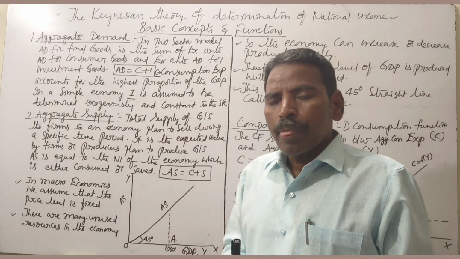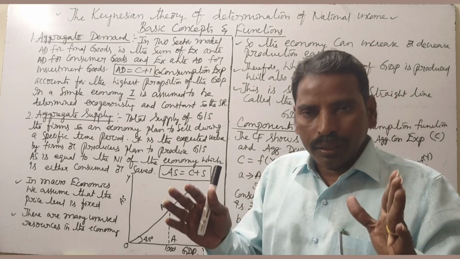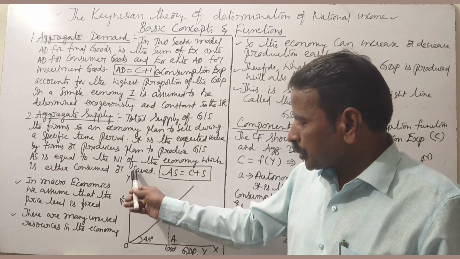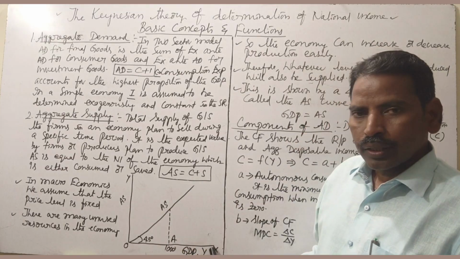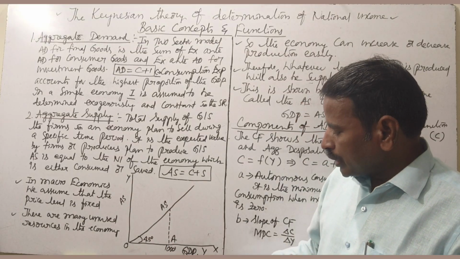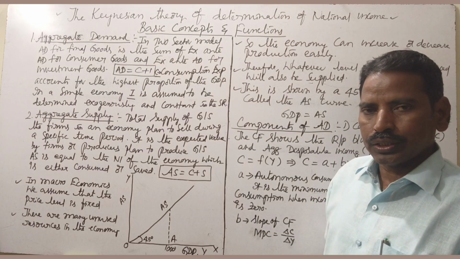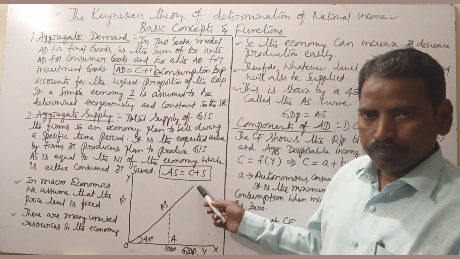It can be explained in a diagrammatic representation. First, draw an L shape and mark YOX. Aggregate supply is measured on the Y-axis, and GDP or national income is measured on the X-axis. This is called the aggregate supply curve.